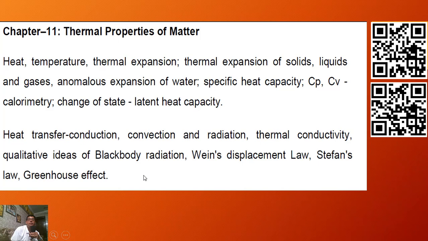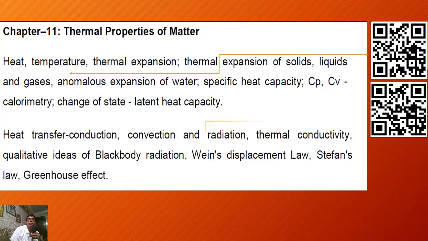Next chapter is thermal properties of matter, that is specific heat capacity at constant pressure and constant volume, adiabatic and isothermal process, relation between Cp and Cv, black body radiation, Wien's displacement law, Stefan's law, Newton's law of cooling.